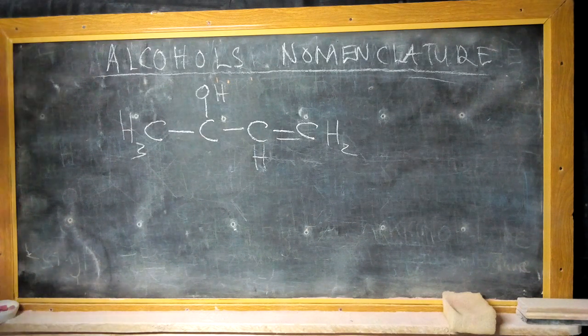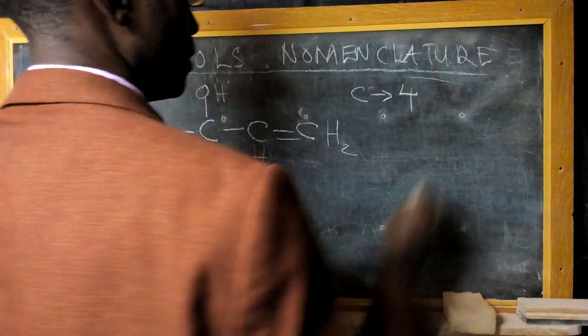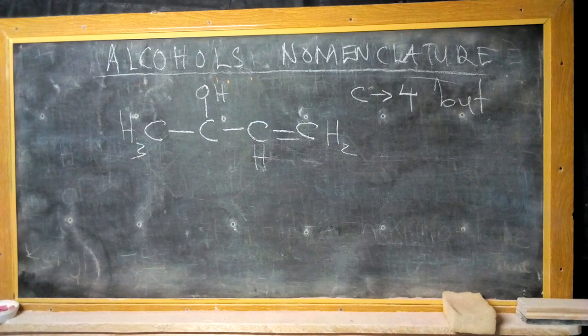So first of all, the number of carbons are 4. So this is a but, which implies 4-member alkane series.